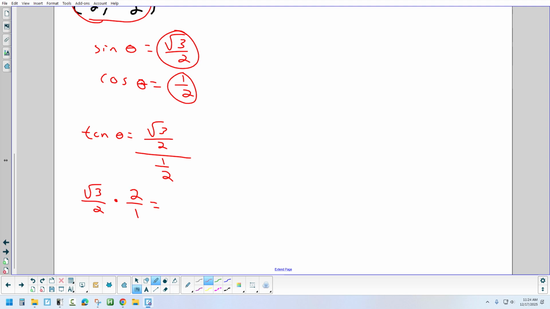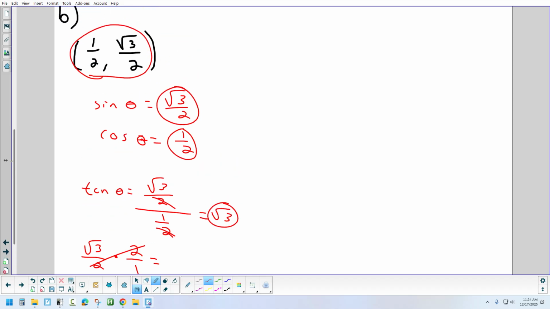And what happens when you multiply there? The 2's cancel out and you get square root of 3. Whenever you divide 2 fractions with the same denominator, you can just cancel the 2's, because when you flip and multiply, they would cancel. And what are you left with? Square root of 3. Okay, that is the tangent.